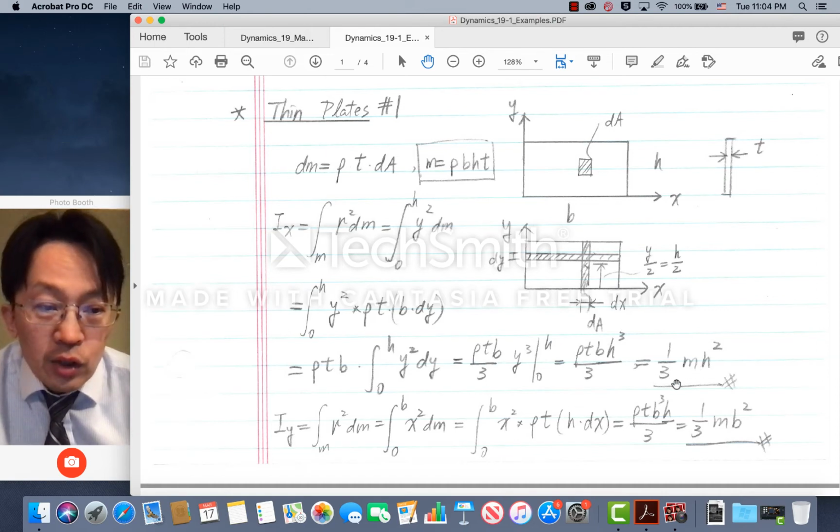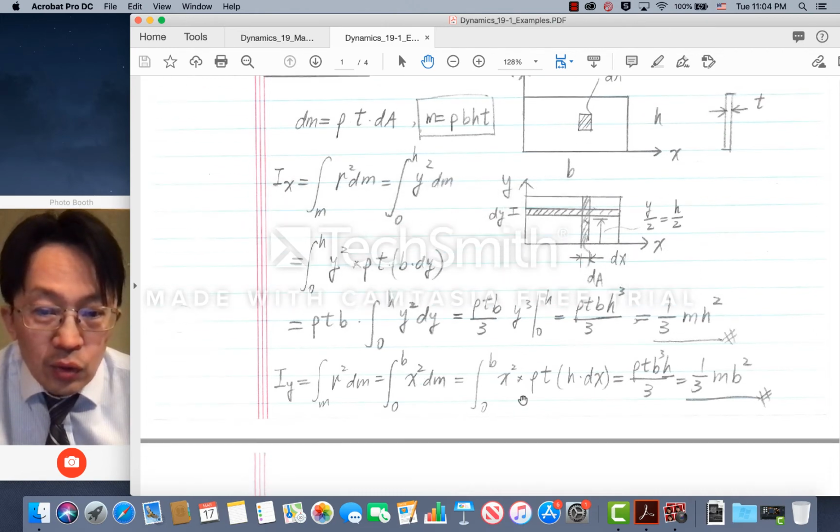Therefore, in order to find Ig, by using parallel axis theorem, you can just write down 1/3 of m times h squared equals Igx plus md squared. And d is replaced by h over 2. And by doing that, you can find Igx easily.